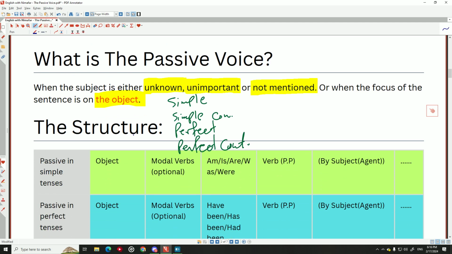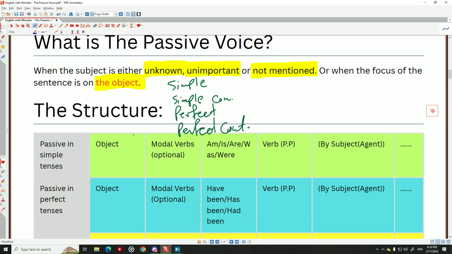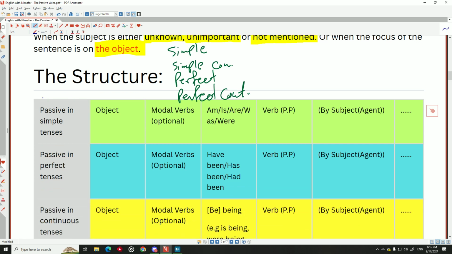We have an example. My car was stolen, or my car was repaired. So we have the simple tense. Look at this part: passive in simple tenses, like simple past, simple present, simple future. You use the object of your active sentence.